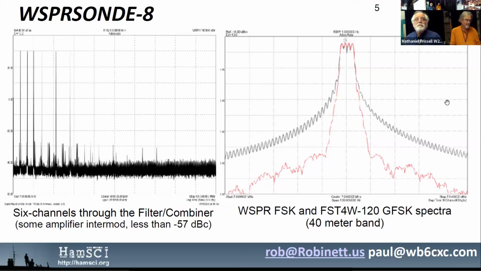That is the spectrum of raw FSK signal, which is what WSPR uses. FST4W uses what's called Gaussian frequency shift keying. It's a minimal shift GFSK, and that has a filter that smooths the transitions from one frequency, one tone, to another as it transmits, and that gives you this lower filter shape.